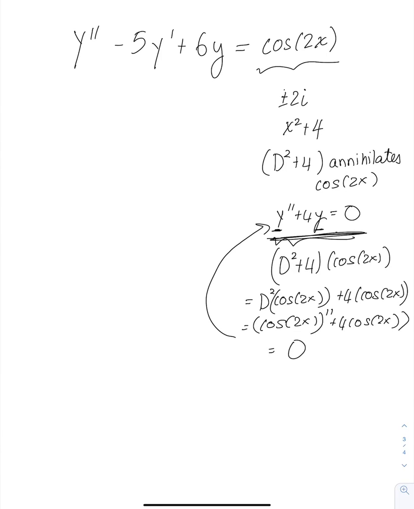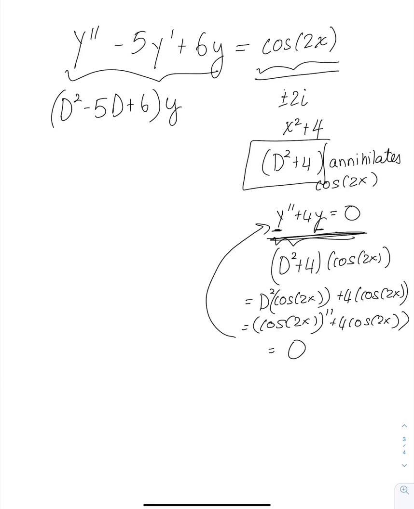Okay, all right, so one part was let's take a look at the right-hand side and find the operator that annihilates this. Secondly, let's look at the left-hand side and write it down in operator form. So this is D squared minus 5D plus 6 applied to y.